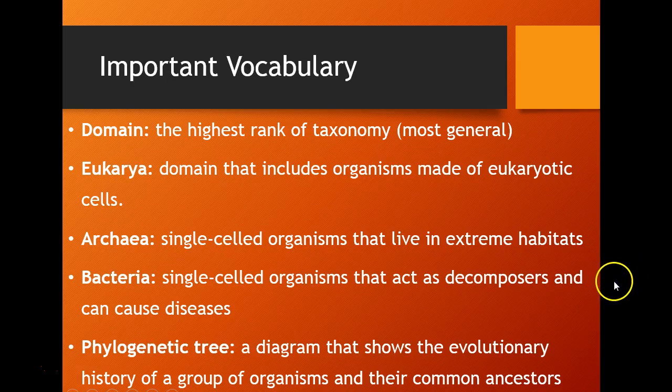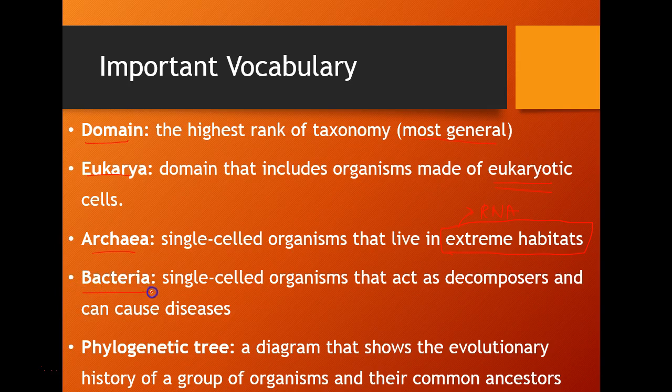So some important vocabulary from this lesson is domain, which is the highest rank or most general group. Eukarya, which is the domain that is made up of eukaryotic cells. We have archaea, which are the single-cell organisms that live in extreme habitats. Remember, they have those unique RNA sequences that allow them to.